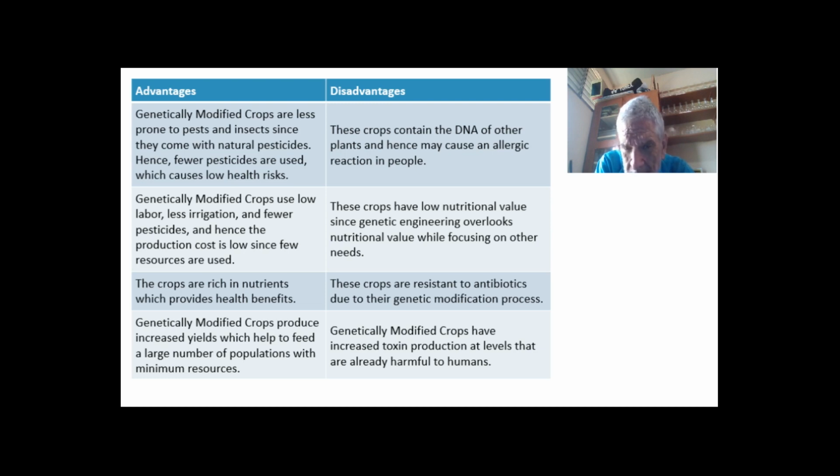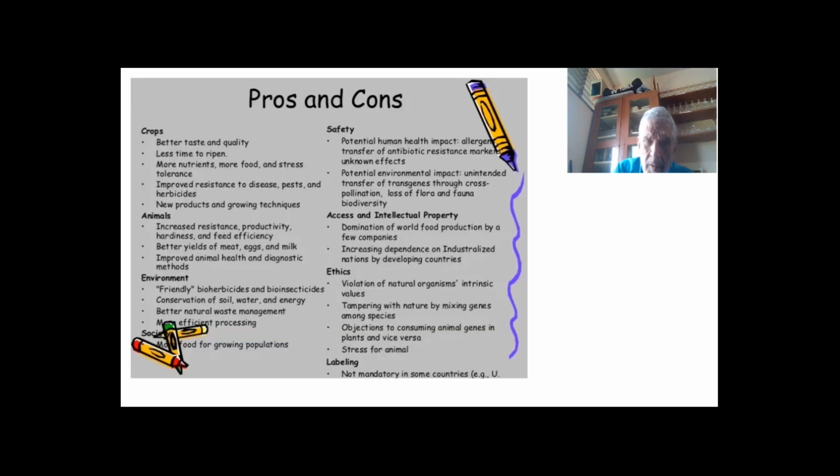But these crops might be resistant to antibiotics due to the genetic modification. And then genetically modified crops produce increased yields, which help feed larger populations with a minimum of resources. So again, relating to productivity. And a disadvantage, genetically modified crops have increased toxin production levels that are already harmful to humans. So GM crops may contain toxins which are harmful to humans.